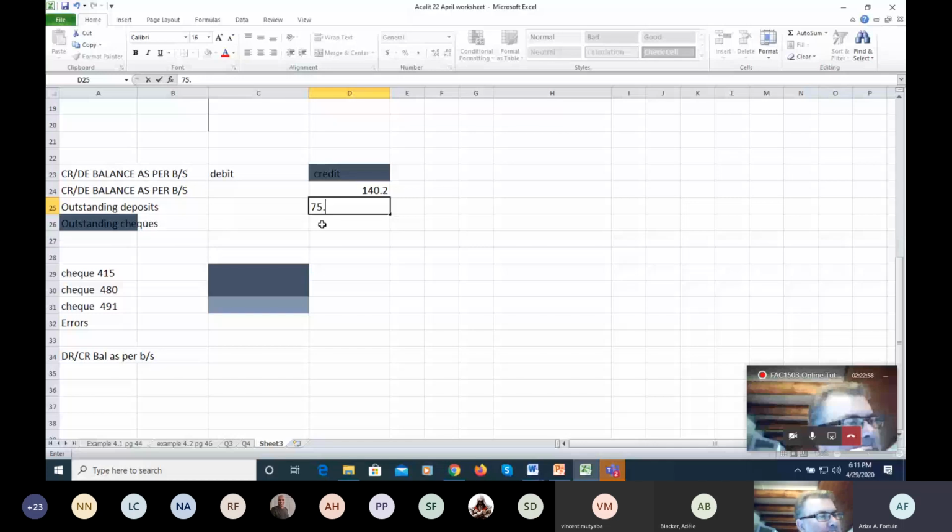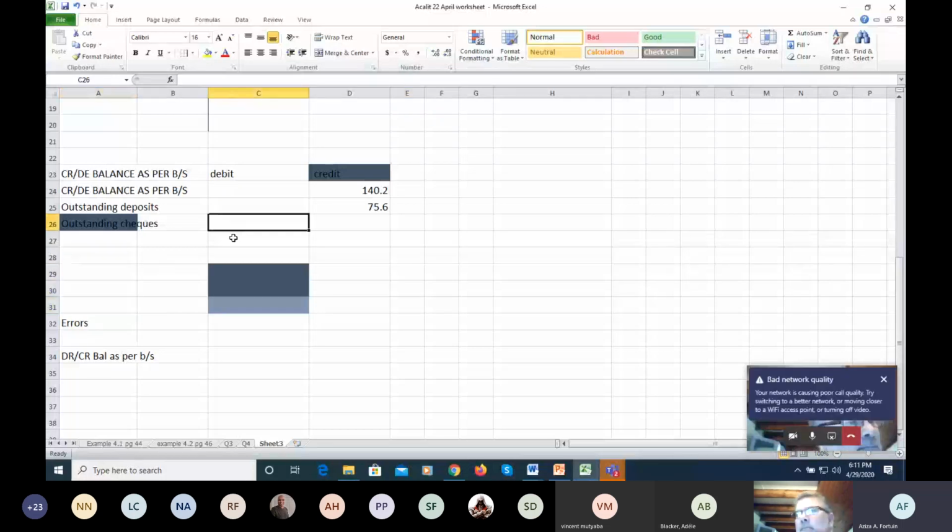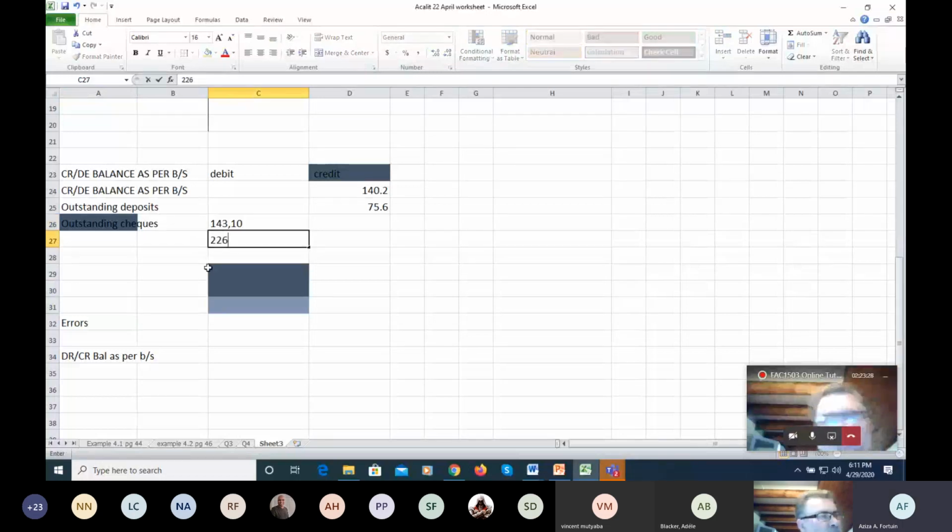The next line, they say the following checks have not been presented for payment. If something hasn't been presented for payment, we know that they are outstanding checks. So let's put our outstanding checks of 143 rand 10 cents and 226 rand.